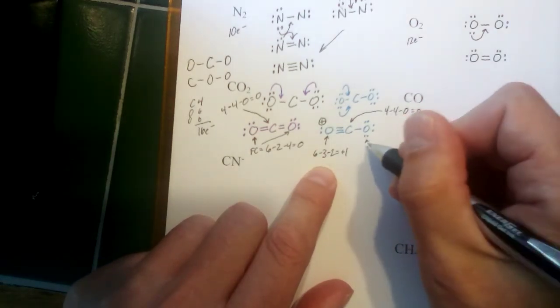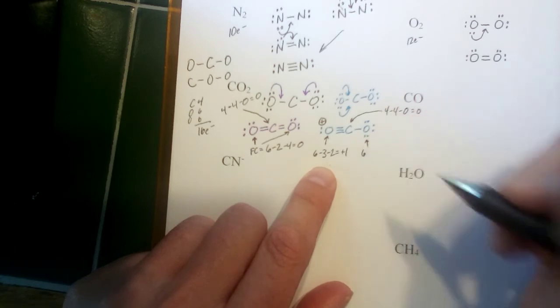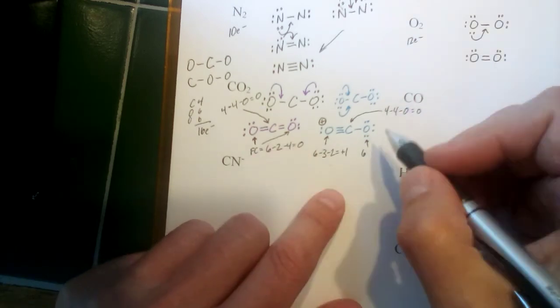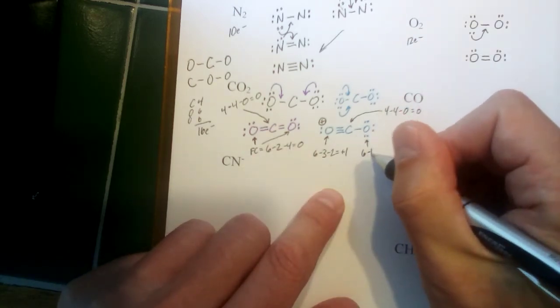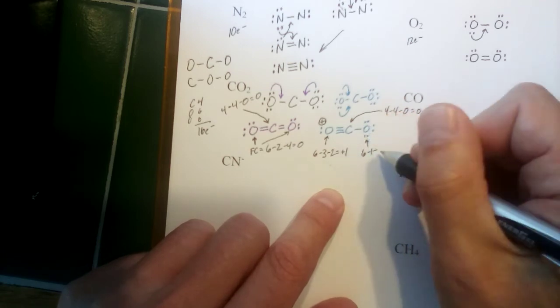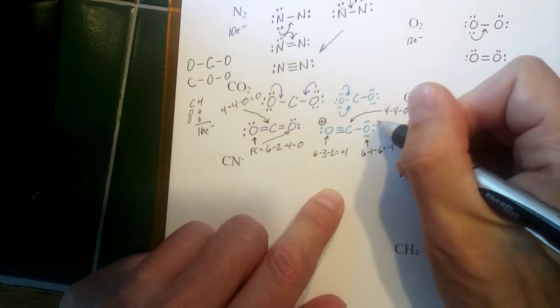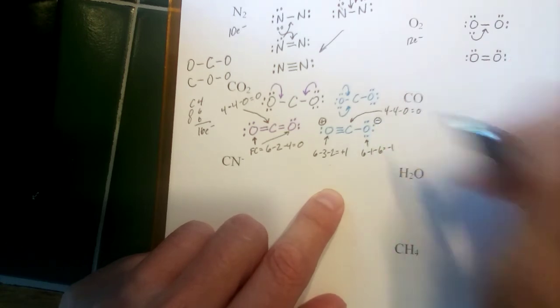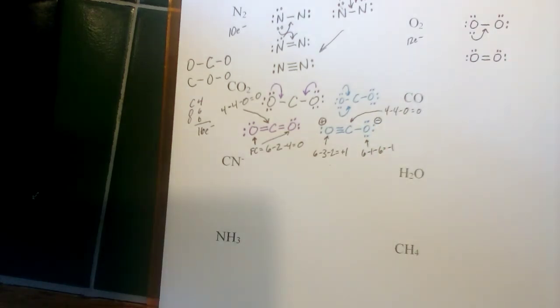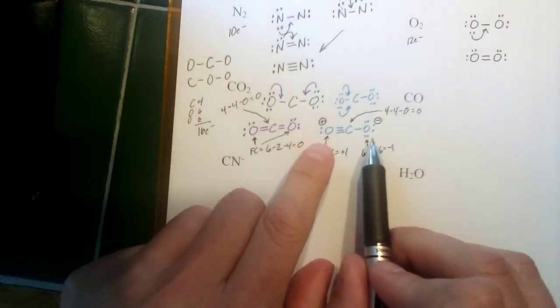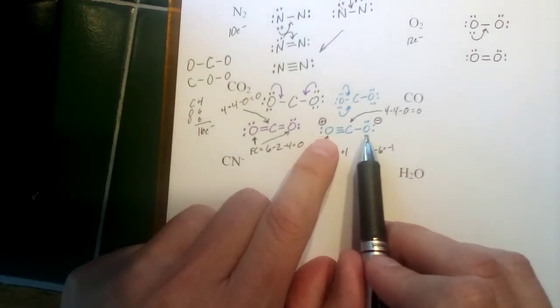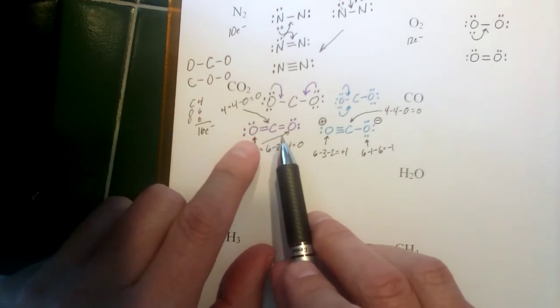On the other side, this oxygen, again, oxygen starts with 6 valence electrons. That's what we're comparing to. There's 1 bond and 3 lone pairs, which would be 6 total non-bonding electrons. The oxygen on this side has a negative, or -1, formal charge. That is an indication that this structure would not have the same stability as this structure.